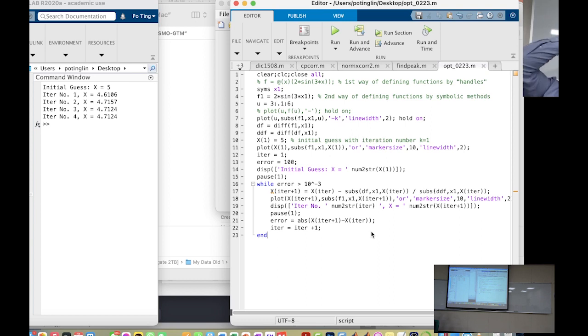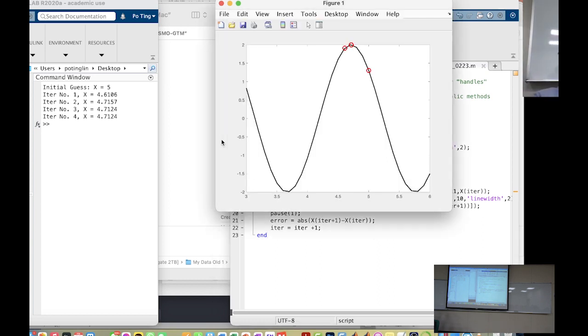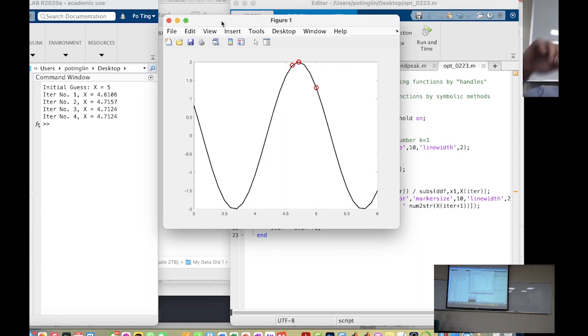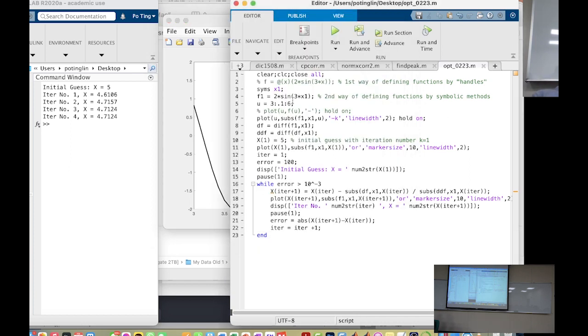Oh yeah, because it always finds the location with slope equal to 0, so it goes to the top. So it's not minimizing, it's maximizing. So the sine function is not a good function to demonstrate. But if I change the location somewhere here, let's make an initial guess, replace it by 4, a different place, then it will minimize.